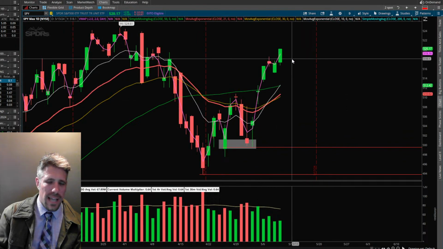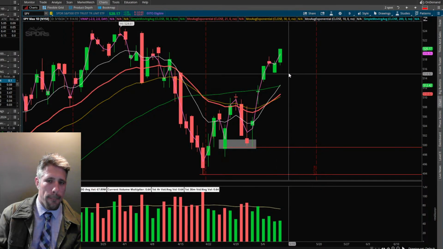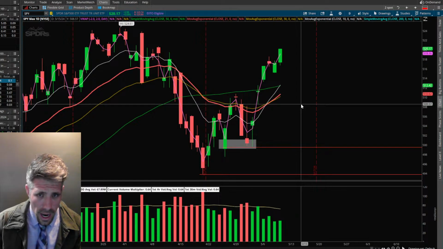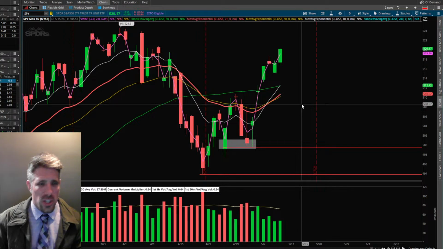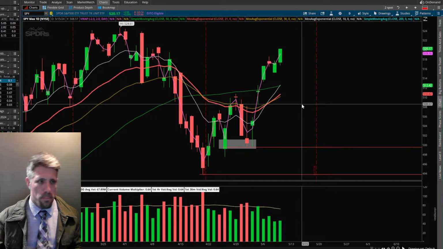We want to see some sideways action. Let the 10, 21, and 30-day moving average get above that 50-day moving average so that way we can continue on our bull run. So you cannot really argue with the way this is trading right now, but we aren't going to deny the fact that we are on lower volume, okay?